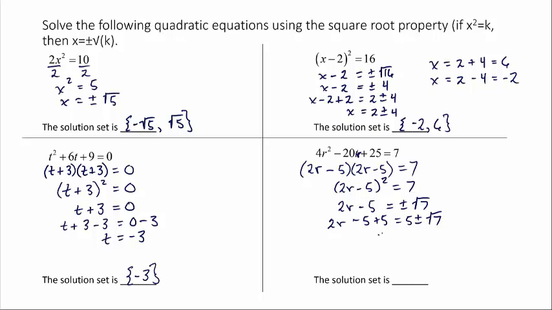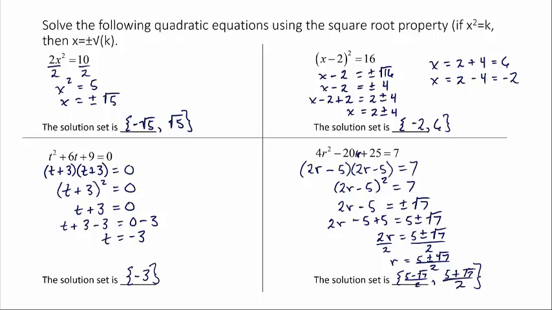Now we've got 2r equal to 5 plus or minus the square root of 7, and I need to divide both sides by 2. So r is equal to 5 plus or minus the square root of 7, all over 2. All right, so the solution set then would be 5 minus square root 7 over 2 and 5 plus square root 7 over 2.